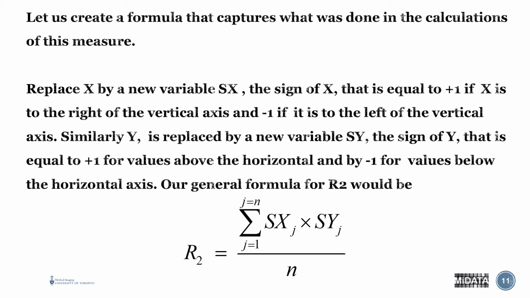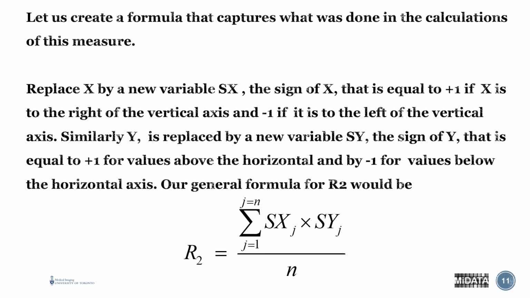Similarly, y is replaced by a new variable, Sy, the sign of y, that is equal to +1 for values above the horizontal axis and -1 for values below the horizontal axis. So our general formula is now going to look like what is listed here. This just means the sum of the sign of x multiplied by the sign of y, divided by the total. In our case, it's 40.